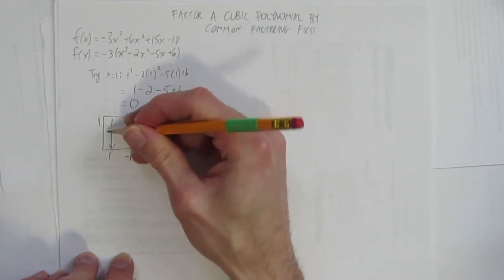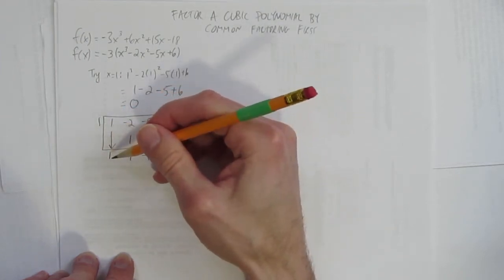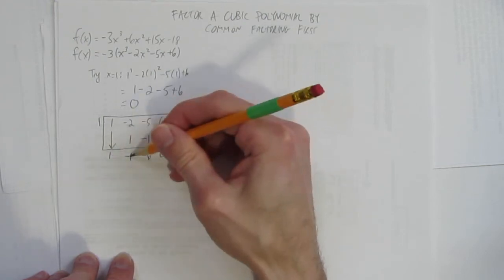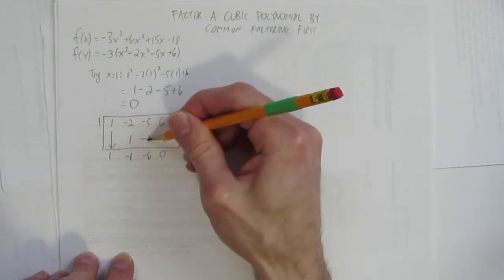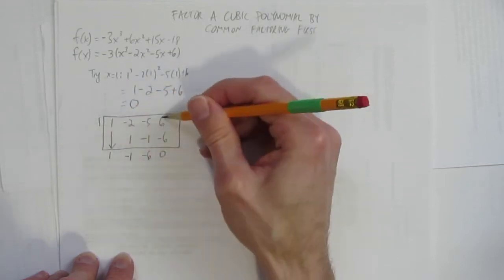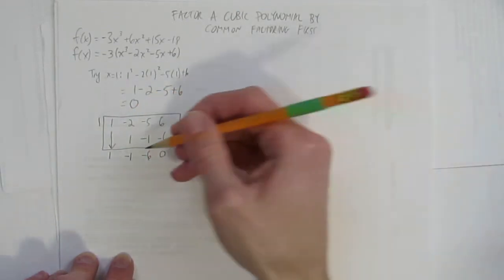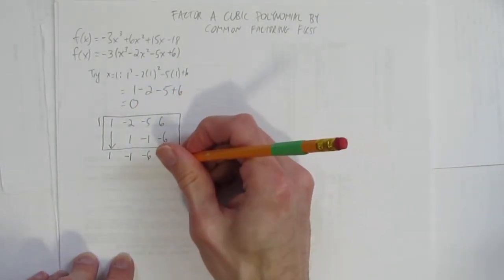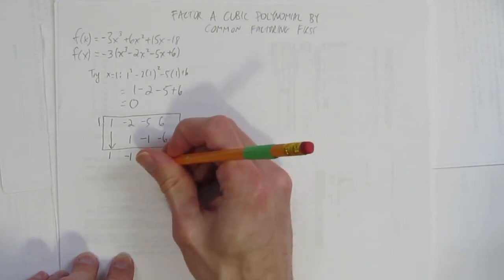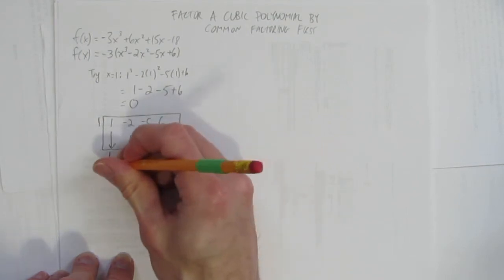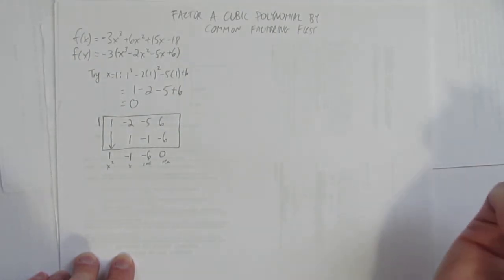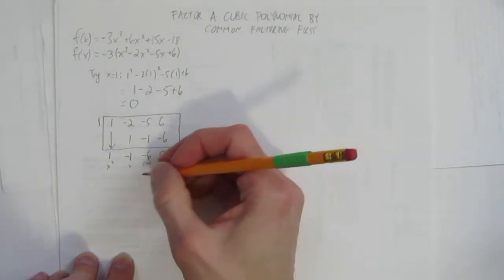So it's bring down the 1, and then multiply, add, multiply, add. And now I've got a polynomial. These are my remainder, so that's my constant. These are my x's, this is my x squared. You don't have to write it, but it's nice if you do.